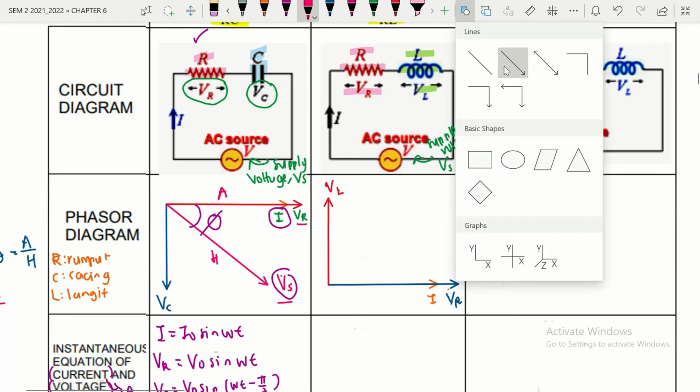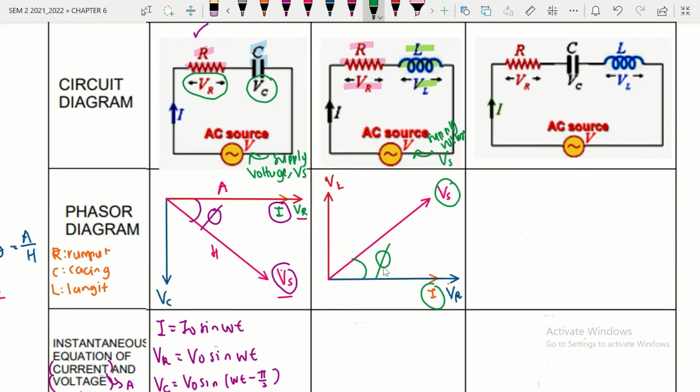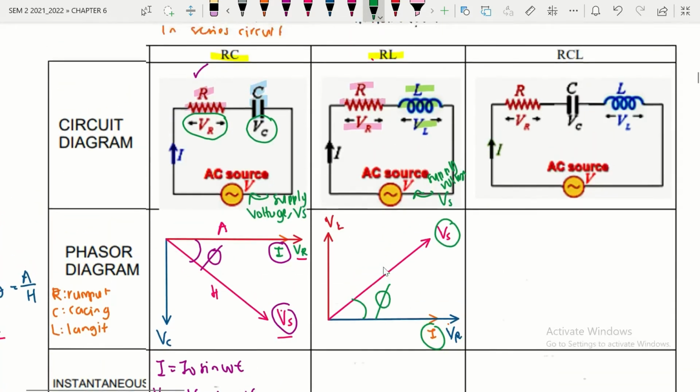So your supplied voltage will be here. Settle. And remember, phase angle dia mestilah in between supplied voltage and current. So this is your phase angle or your phase difference. Okay, so we are done with the Phasor diagram. So Phasor diagram ni dia sangat mudah. Jadi bila awak tahu je lukis dia, you will get marks.